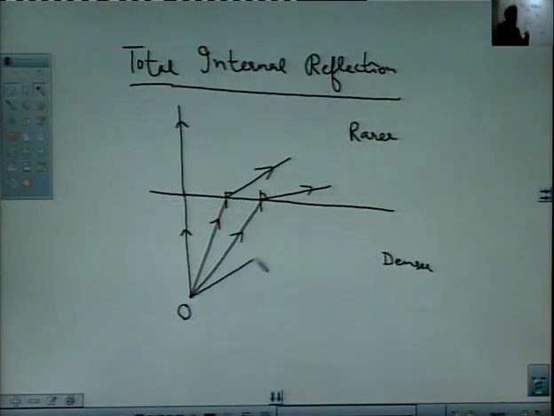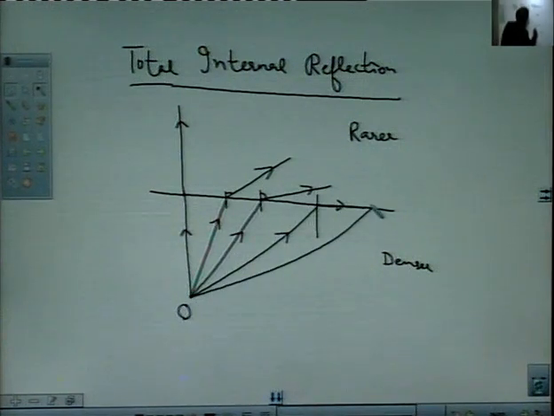Another ray of light may go along the surface. But if we take another ray, then it will come back to the same medium.